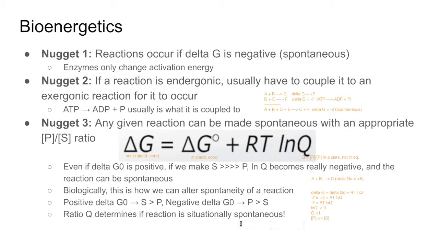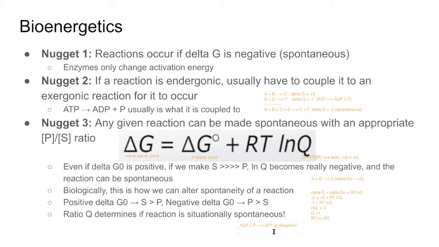So for example, let's say you have a reaction that you want to happen, such as ADP plus P becoming ATP. This reaction is highly endergonic.